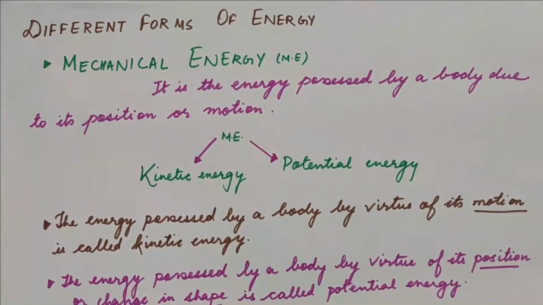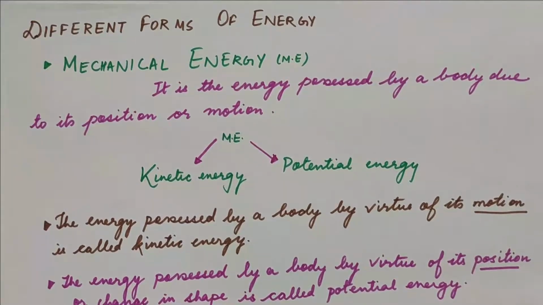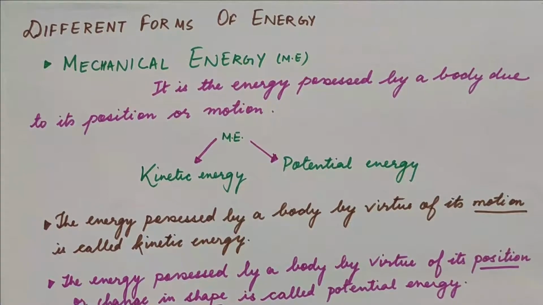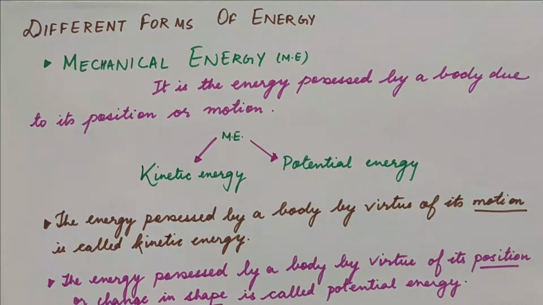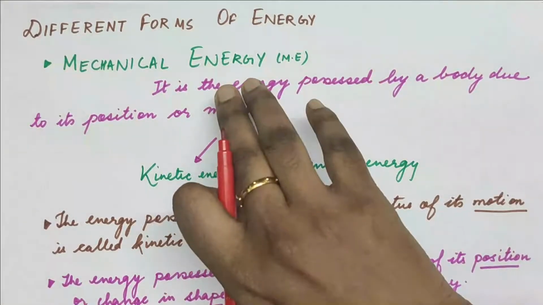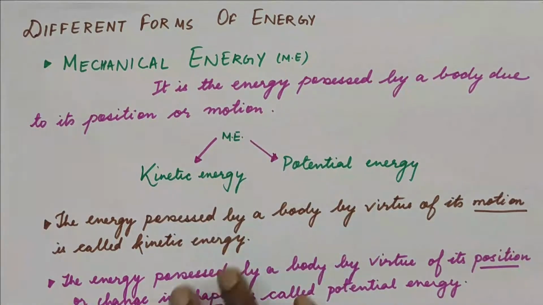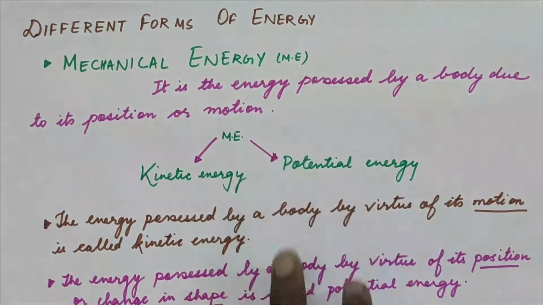Now we have different forms of energy. And it's very interesting to know that you cannot create energy or destroy energy. You know, children, we are just converting it from one form to another form. If we categorize energy, firstly there is mechanical energy, I'm writing ME in short.